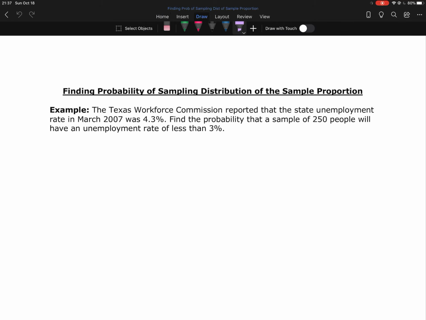So looking here, the unemployment rate in March 2007 was 4.3%. A sample of 250 people, we're finding a probability less than 3%.